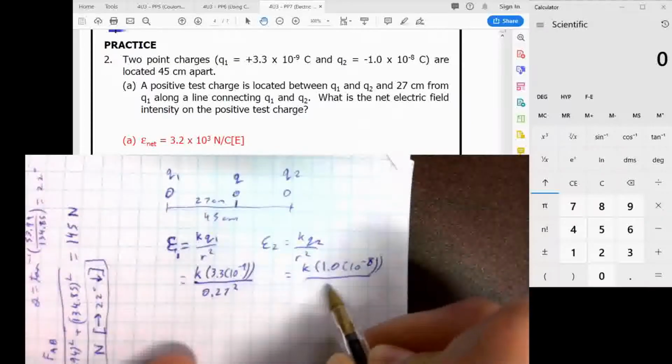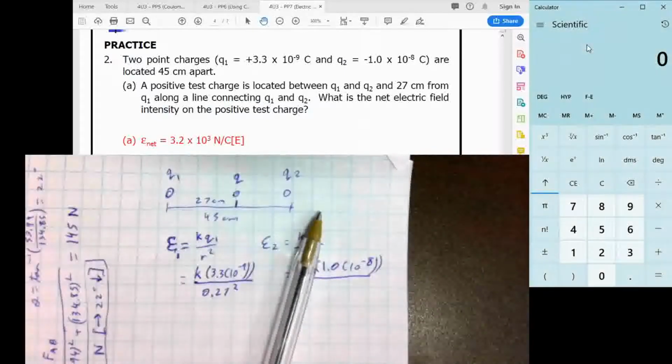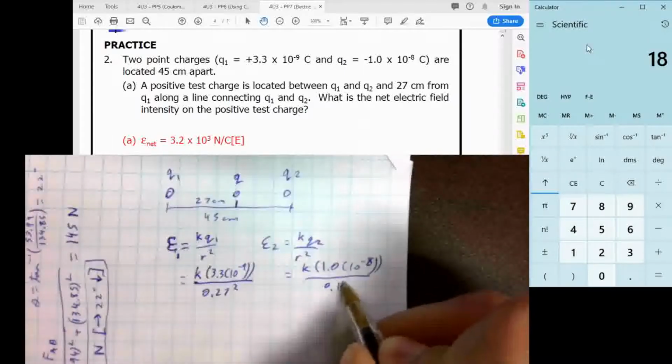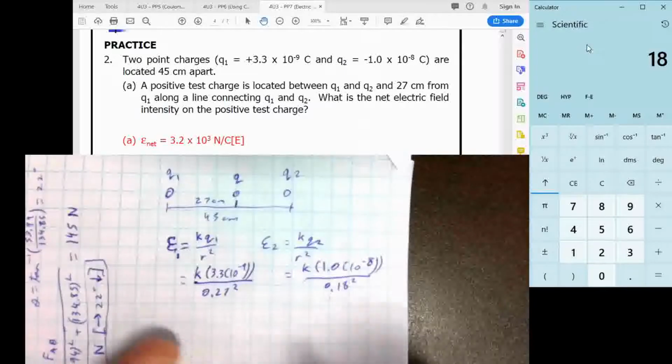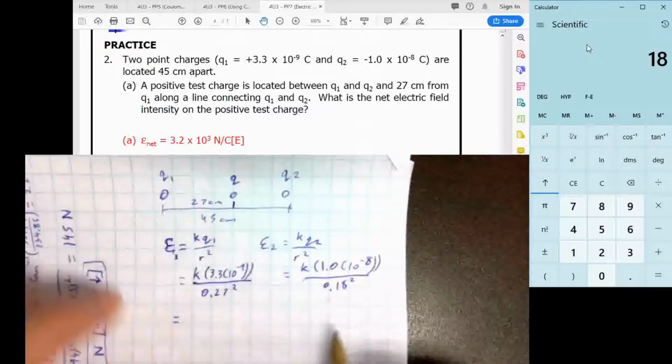And the distance is 45 minus 27. I'm just going to do this really quick. 45 minus 27, it's 18. 0.18 squared. So we'll evaluate these, and then we'll figure out which direction they go.